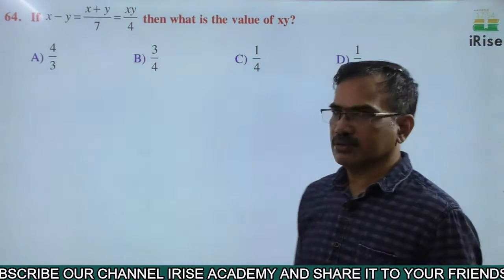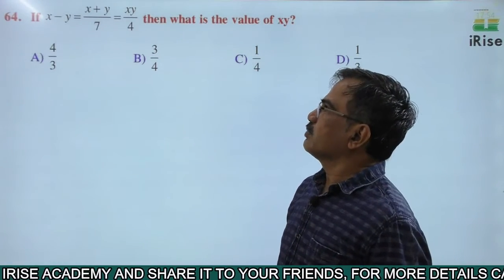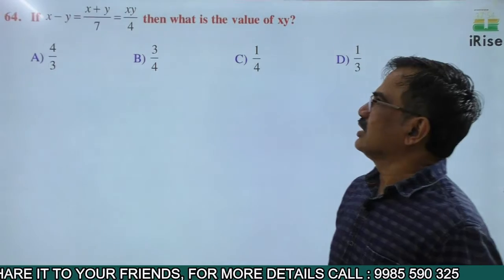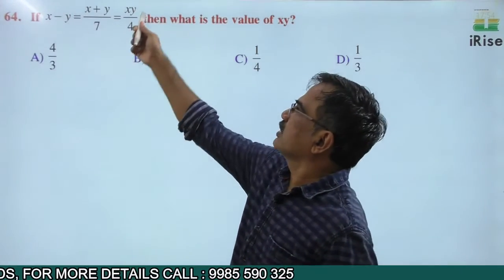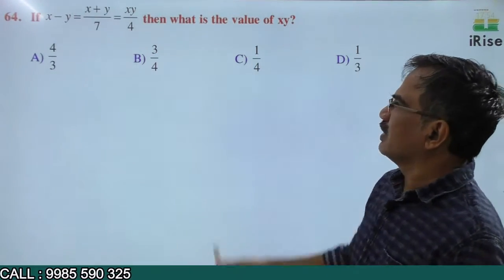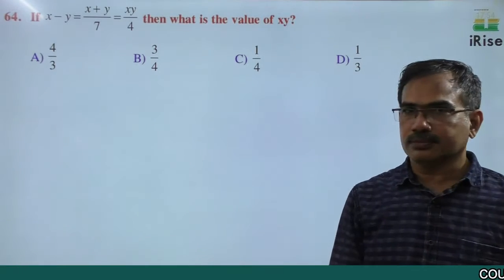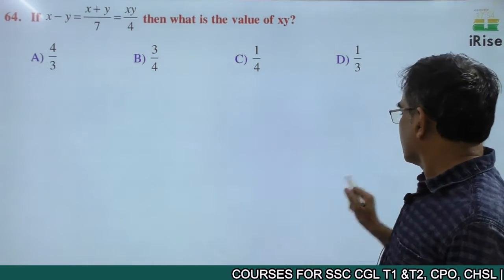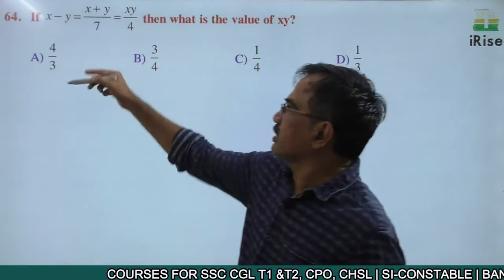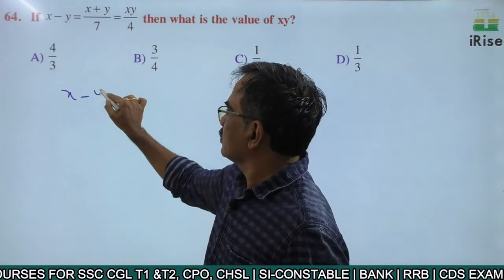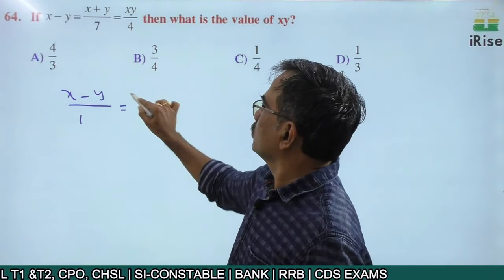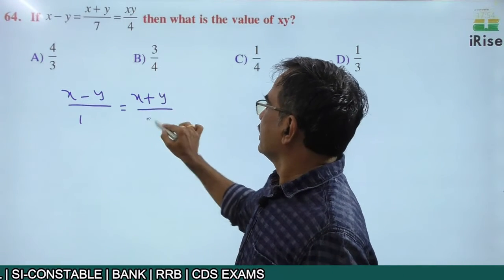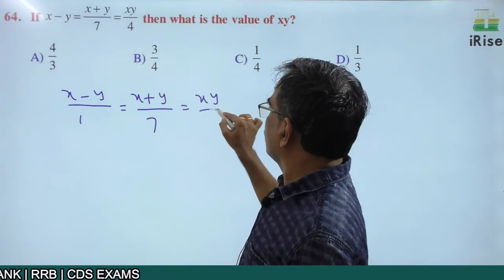See the next question. Here x minus y is equal to (x plus y) by 7 is equal to xy by 4. Then what is the value of xy? I want to write this as (x minus y) by 1 is equal to (x plus y) by 7 is equal to xy by 4.